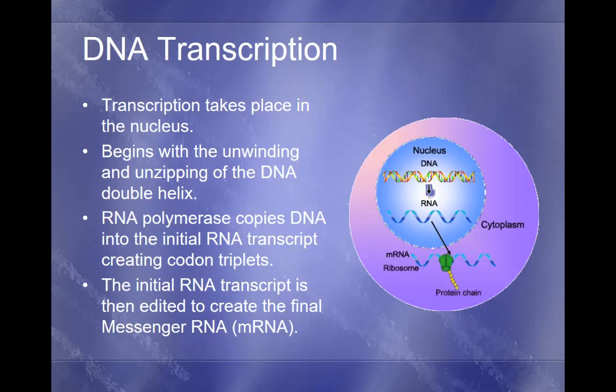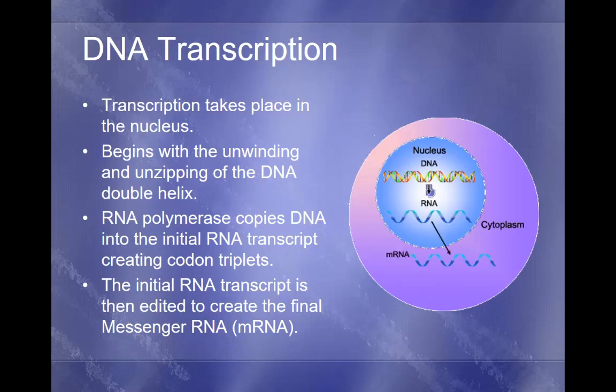Now, unzipping, remember what we're talking about here is breaking the hydrogen bonds that hold those nucleotide bases together. When we're doing transcription, the key protein involved is RNA polymerase, which is going to copy the DNA into the initial RNA transcript, creating codon triplets.